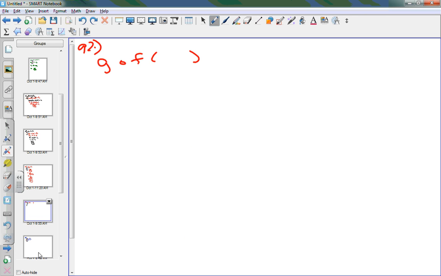92 is where the composition comes into play. Now, composition, this is g of f at negative 2. How many of you do not like this notation? But what's another way I can write it? I can do g parenthesis f at negative 2. Now, what does it say I need to do first? It says I need to do f at negative 2. Well, what is my f function defined to be? 3 minus 2x.